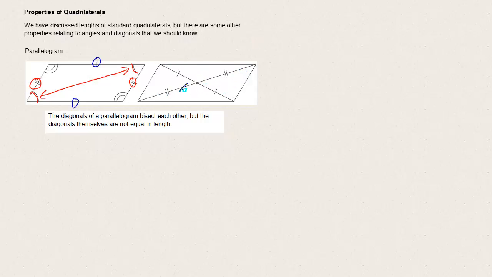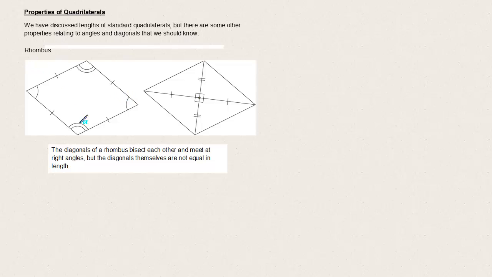Where the diagonals meet bisects them, which means that if we look at this diagonal here, it's cut in half so that this length here is equal to this length here, and the same happens to the other diagonal. But of course the diagonals themselves are not equal in length, and note the angle where they meet is not 90 degrees.